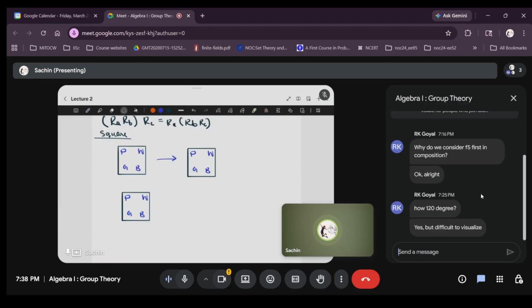Then you can actually rotate by 90 degrees, like this.